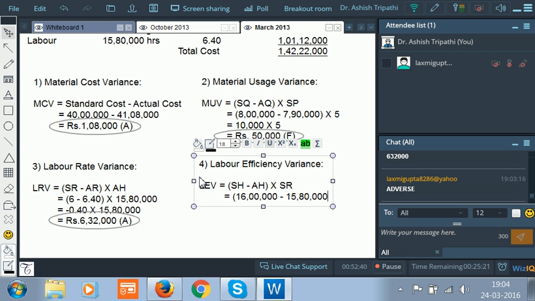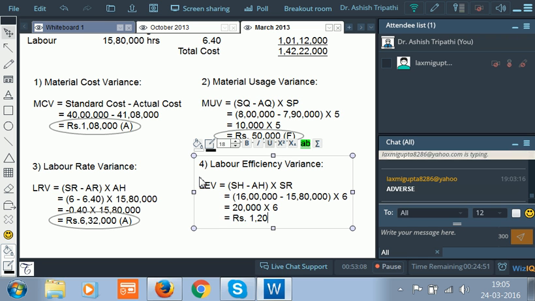Minus actual hours. Actual hour is 15,80,000 into standard rate. Standard rate is 6. So if we calculate this, we will get 20,000 into 6.